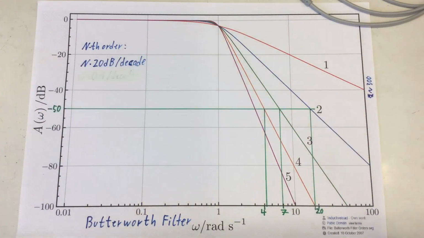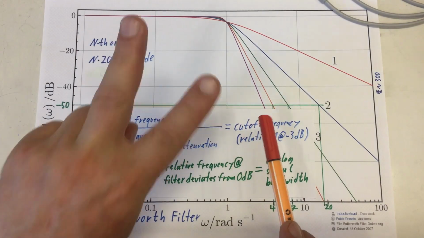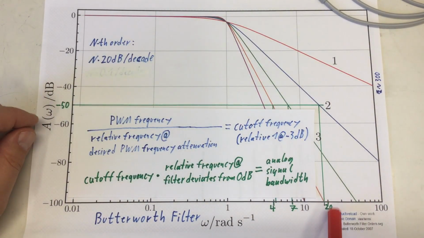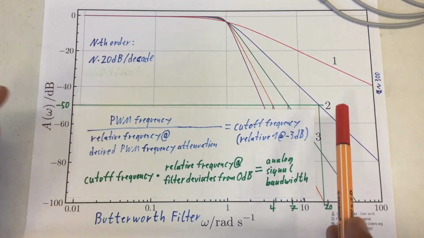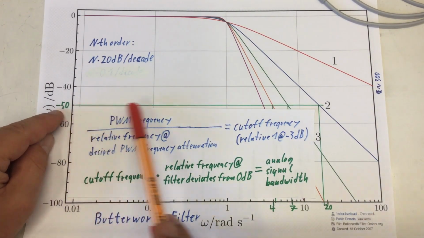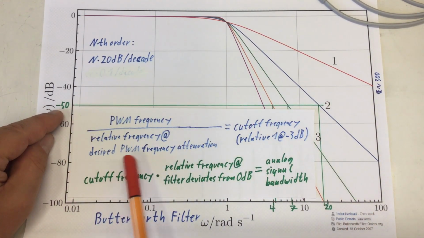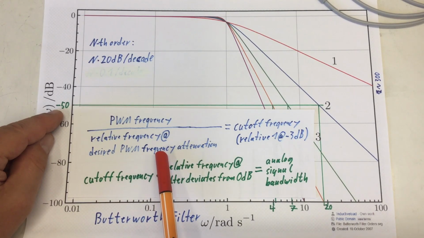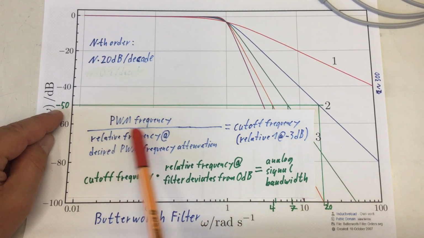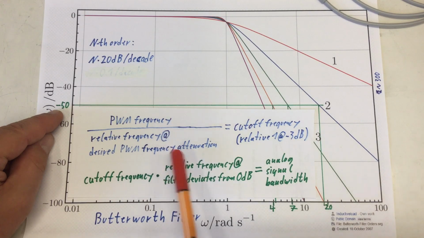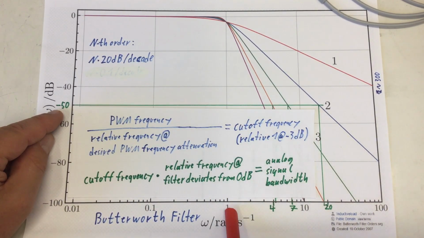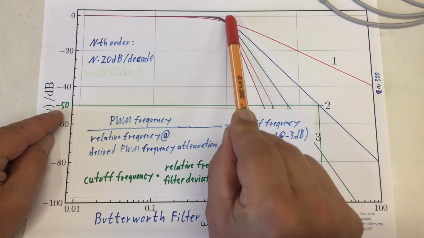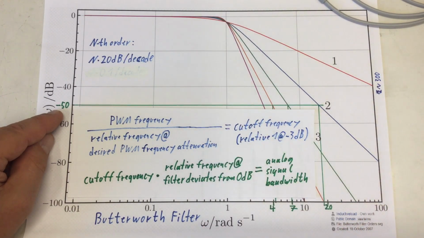Much better. So what I've done here already twice is I looked up the relative frequency where my filter curve meets the desired attenuation for the PWM frequency, and I divided the PWM frequency by that value to get my cutoff frequency relative 1 at -3 dBs.